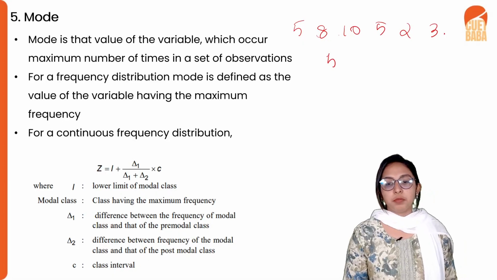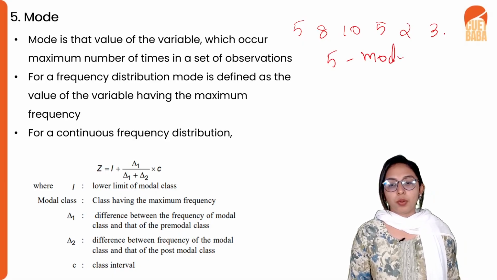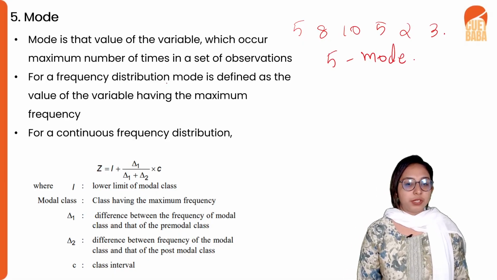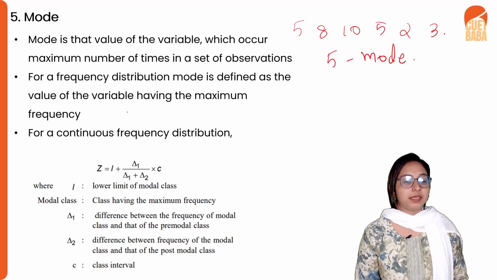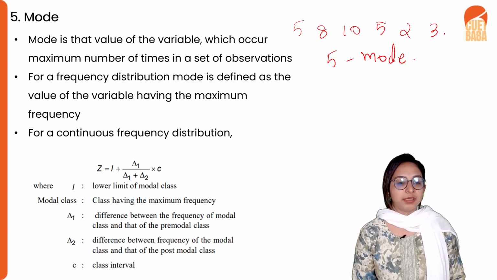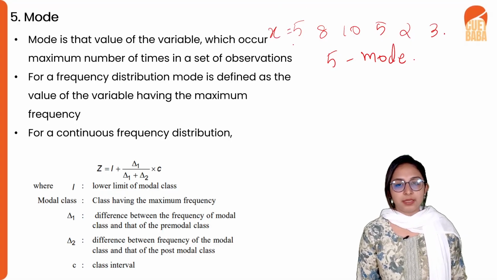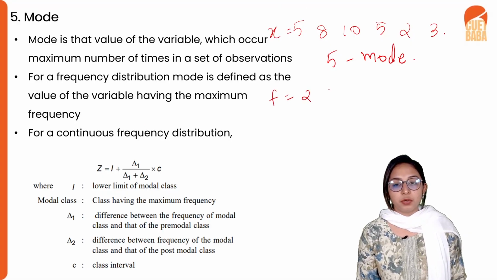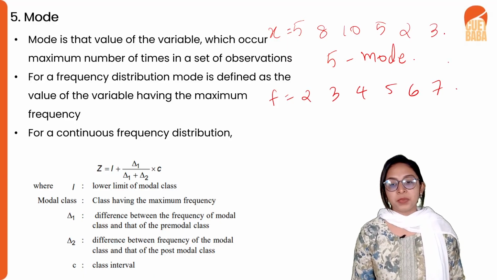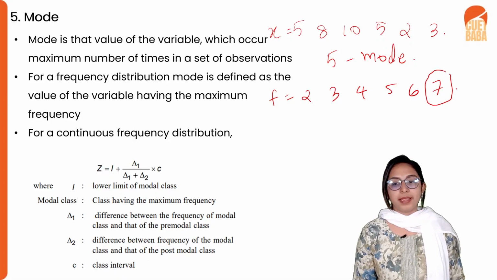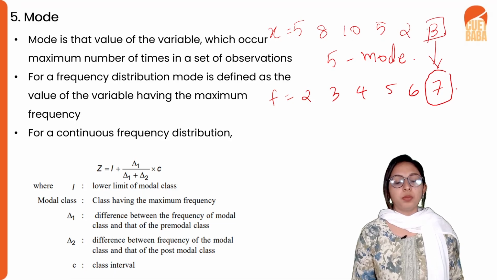So clearly 5 is the mode of this set. In a frequency distribution, mode is defined as the value of the variable having the maximum frequency. Suppose we have x with frequencies 2, 3, 4, 5, 6, 7. Then the x value having the maximum frequency will be the mode.